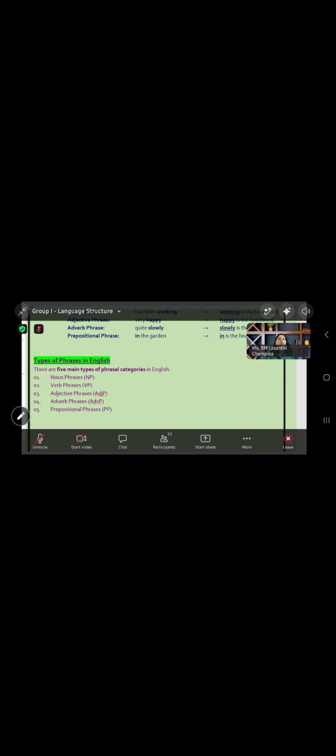So these are the 5 main types of phrasal categories in English. Noun phrases, verb phrases, adjective phrases, adverb phrases, prepositional phrases. I think I needn't explain them now. You can easily understand what a noun phrase is. Anyway, we'll discuss them one by one.